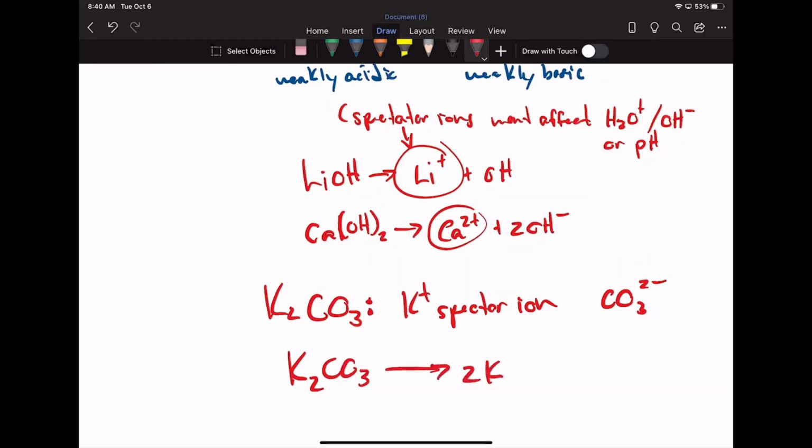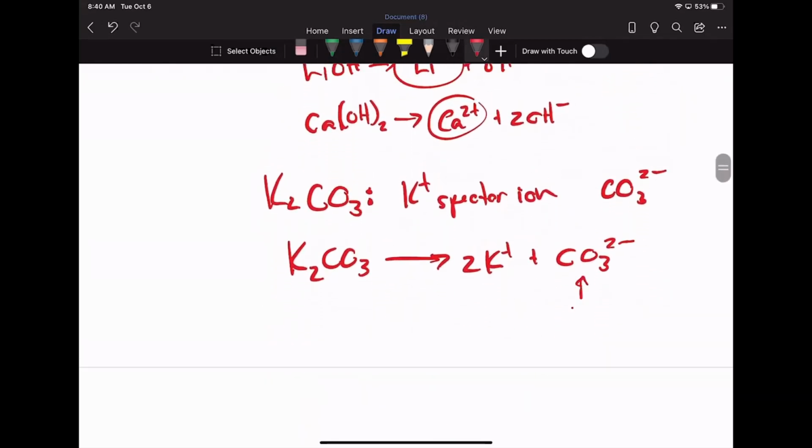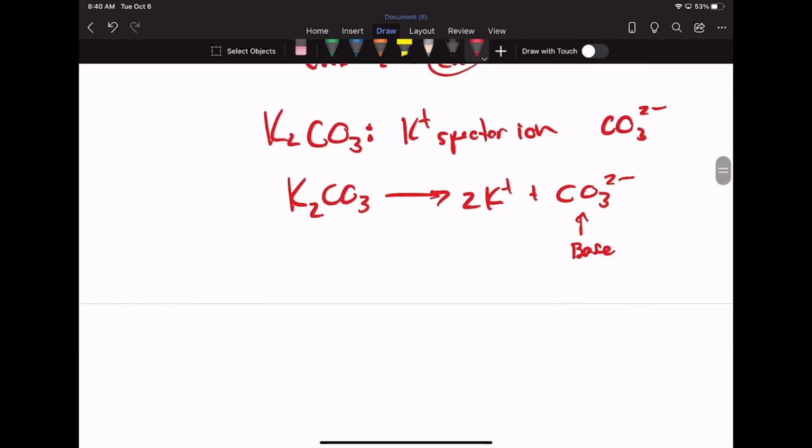We're going to have 2K plus we have CO3, and we're going to consider this the conjugate base. Here I can put this in a reaction now. And now I have my reaction. I have my conjugate base plus my base and my conjugate acid.